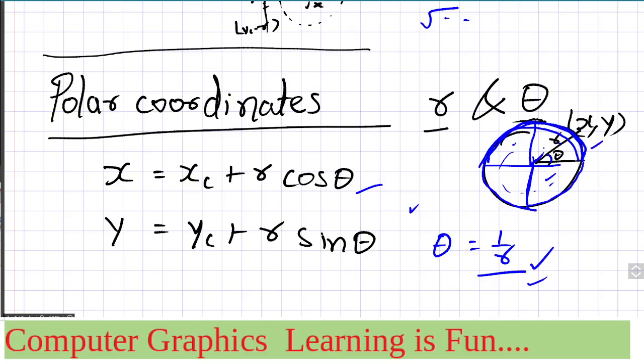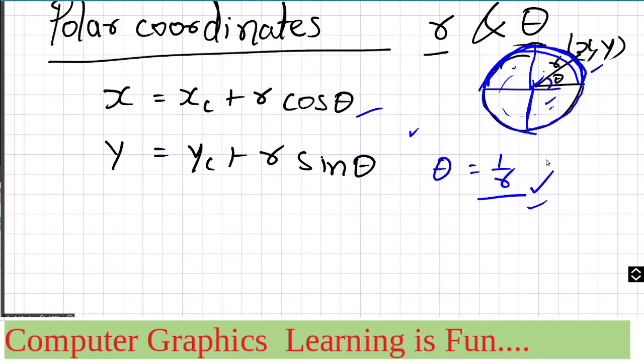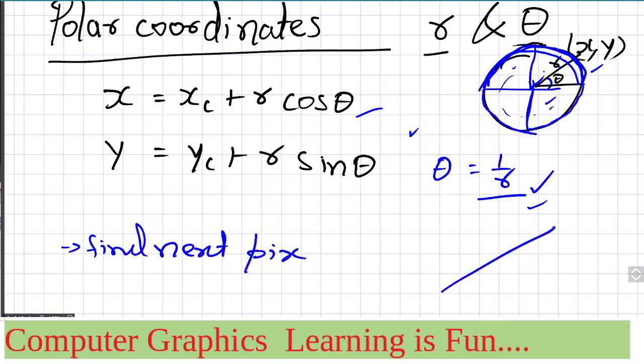Okay. But still, one thing that I can mention here is that earlier, while we were thinking about Bresenham's line drawing algorithm, it was just trying to find the next pixel which is nearer to the straight line, right, whether I should keep the value of y as it is or I should increase it.